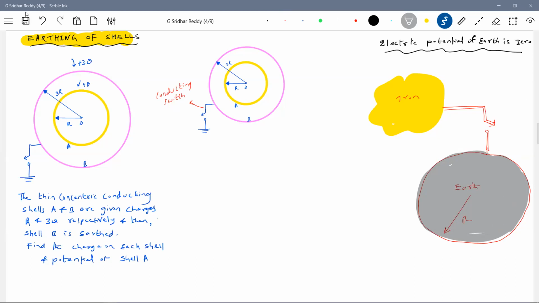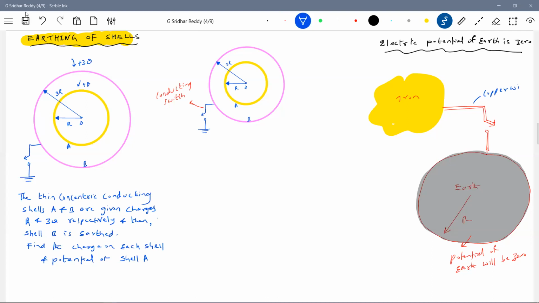Whether you add charge or take out charge, like an infinite sink, as we had a sink in thermodynamics, the potential of the Earth will remain 0, because its capacity is infinite. Am I right?